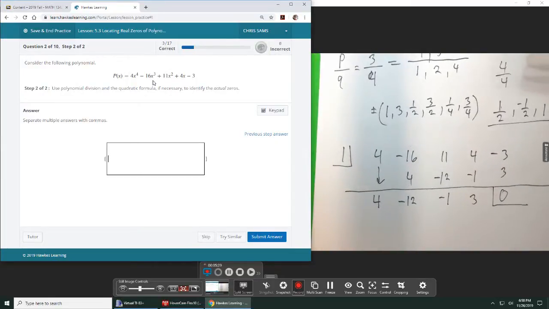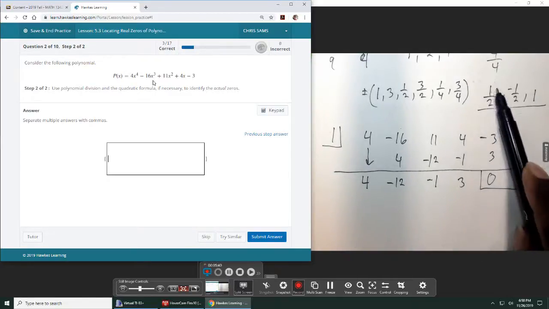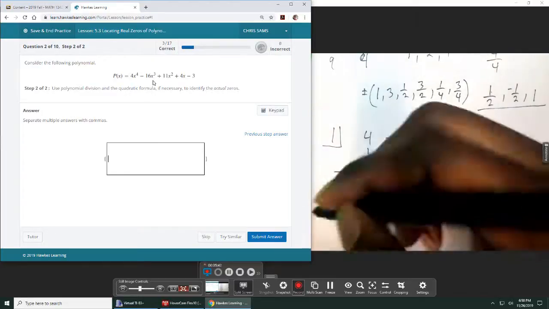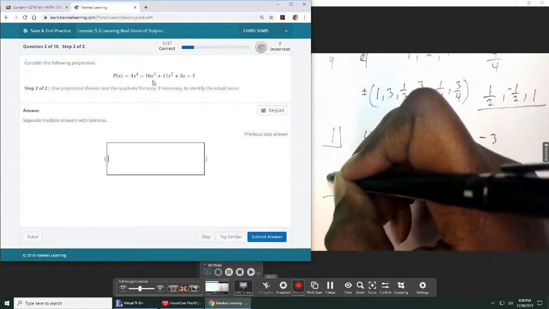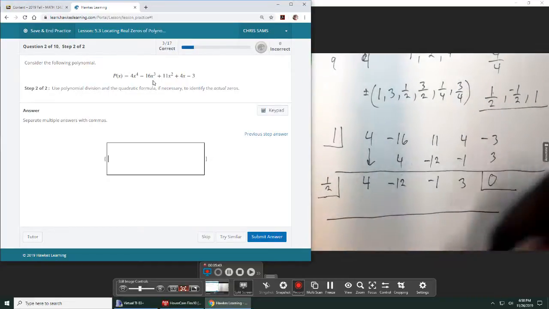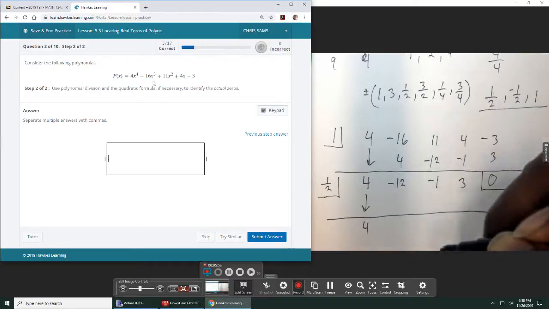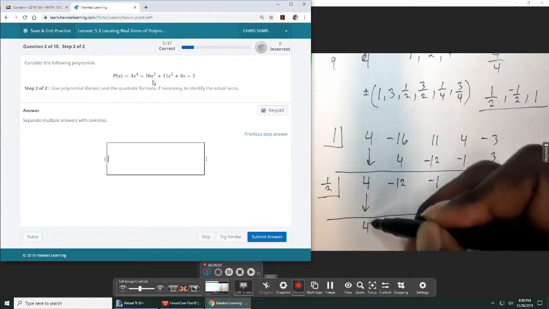Once we have 1, since we have these others listed down, we can just continue. We don't have to start over. We can continue from where we left off. So this is my remaining polynomial. This time I want to check 1/2. We're going to do the same process. Bring the first term straight down, which is 4. We're going to multiply by 1, divide by 2.